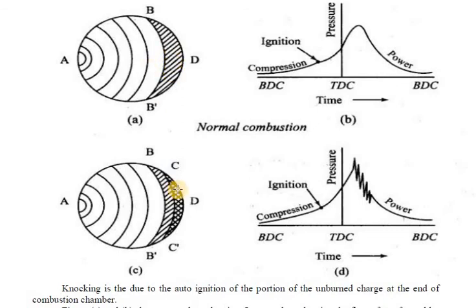In the same way, if some amount of fuel-air mixture at the end portion, B, B dash and C, gets auto ignited before the flame comes from the spark, it will produce one more pressure wave that travels in the opposite direction towards the spark plug.